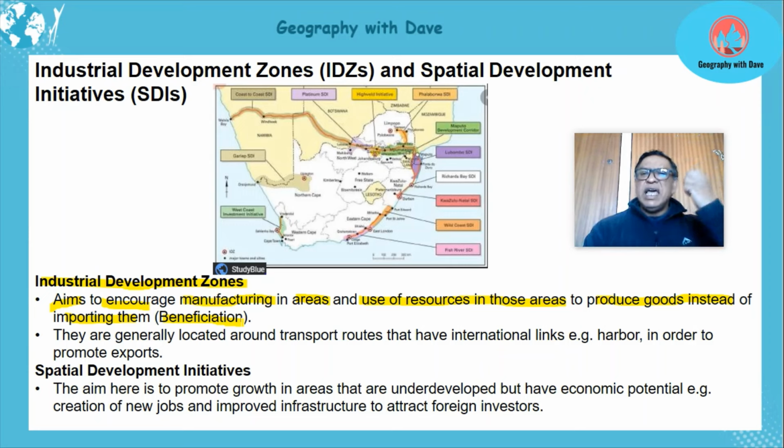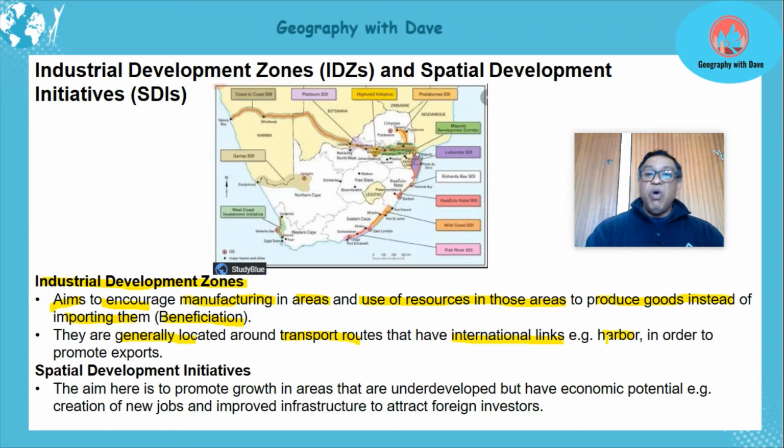Why bring in and import expensive goods and sell our raw materials at a lower price? Let us produce ourselves so that we cut down on the importing of goods. We do not want to do that. We will also notice that they are generally located around transport routes that have international links, for example harbors.